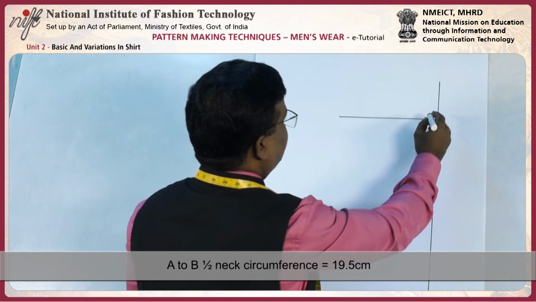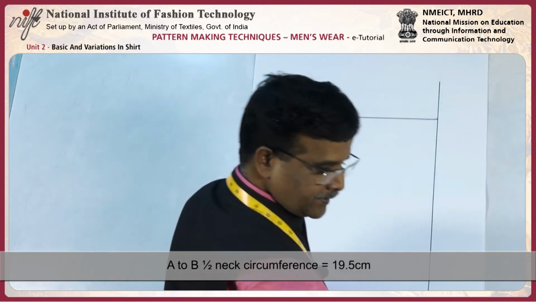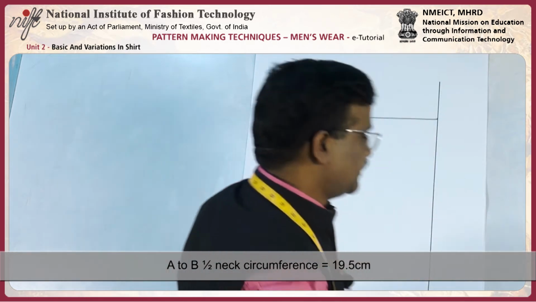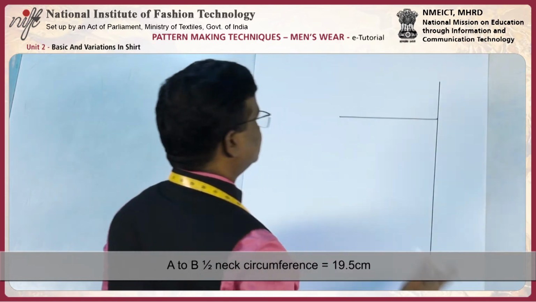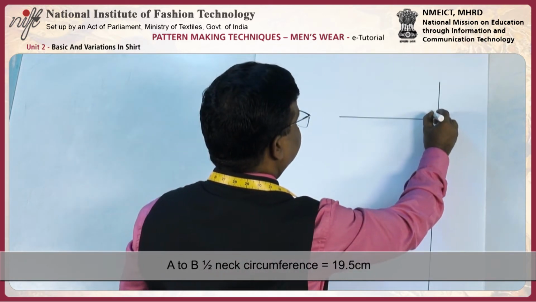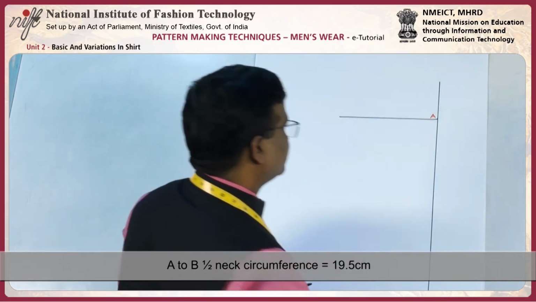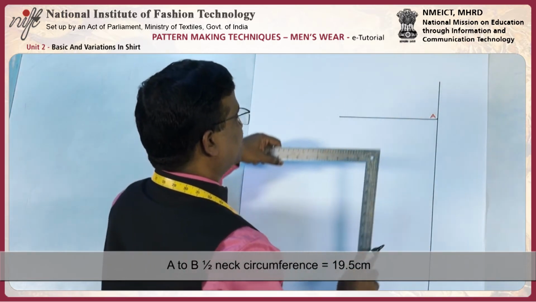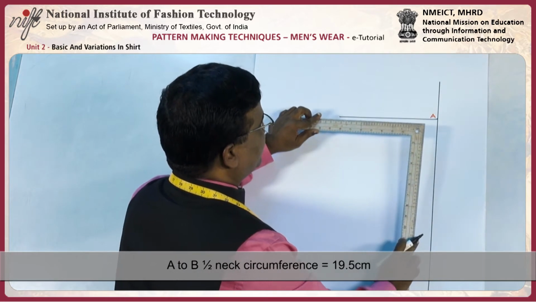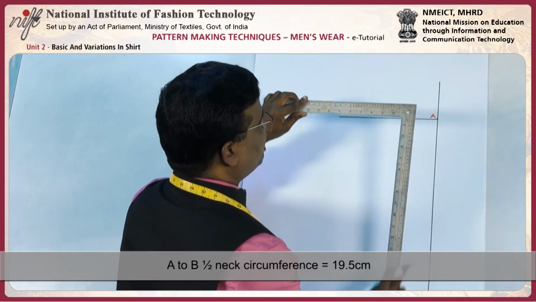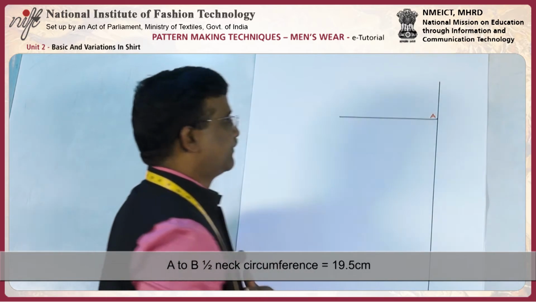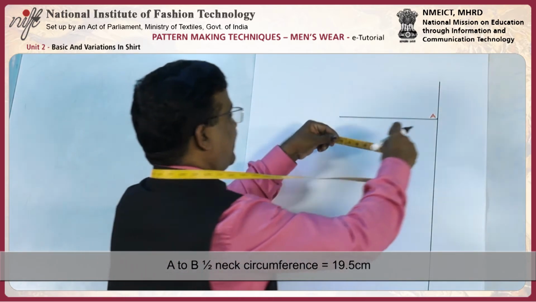Label this as A. A to B, half neck circumference, 19.5.